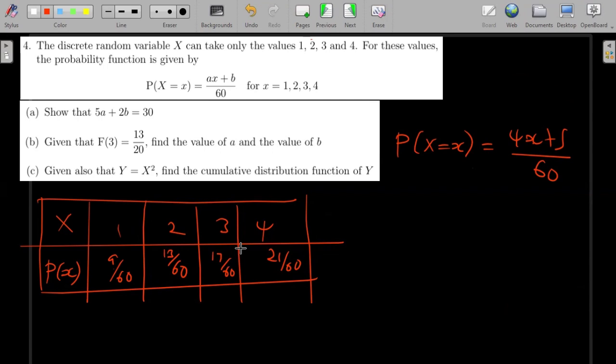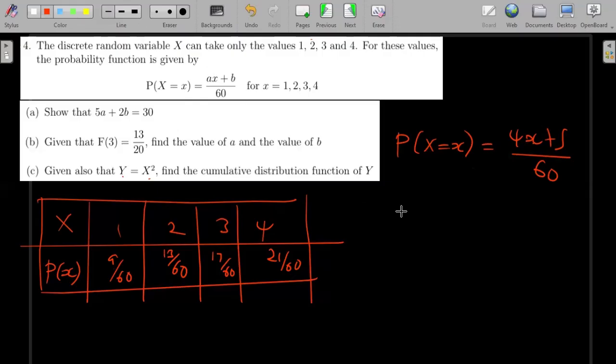So now, on this C here, they're saying given also that y is equal to x squared, find the cumulative distribution of y. How can we find the cumulative distribution of this y? Okay, so remember from the definition, if we're finding the cumulative probability, or the cumulative distribution of maybe x, this is the same as the probability of x being less than or equal to a certain value of x.